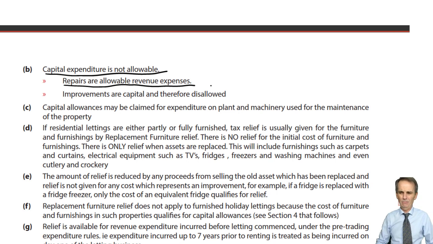Now, you might think, well, that's a bit harsh because they're proper costs to do with the property. They're obviously making the property more valuable than it would otherwise have been. And that's where you will see eventually relief given for those capital costs.